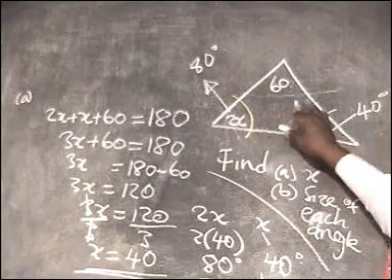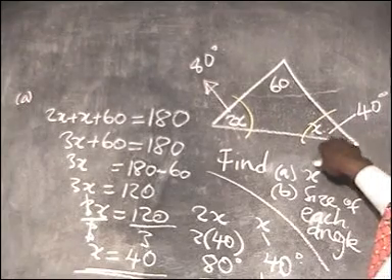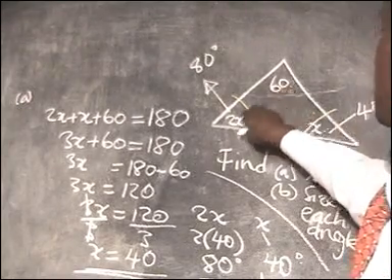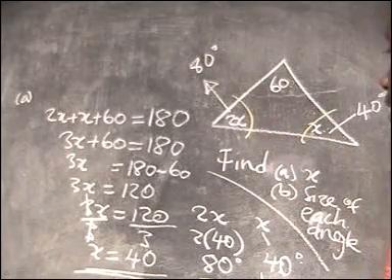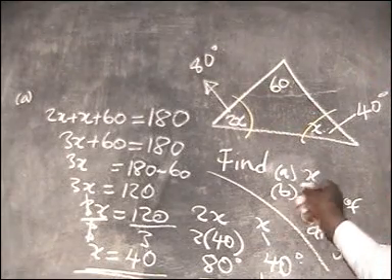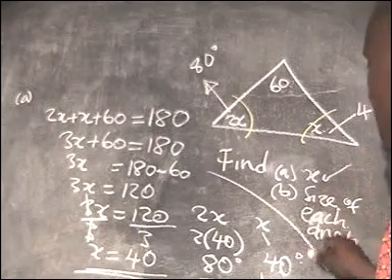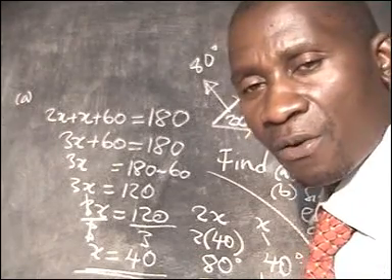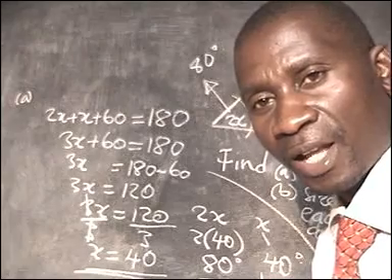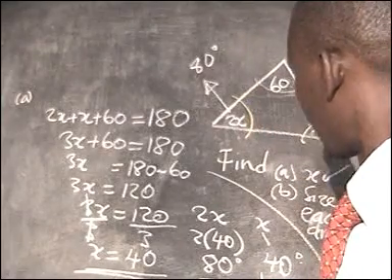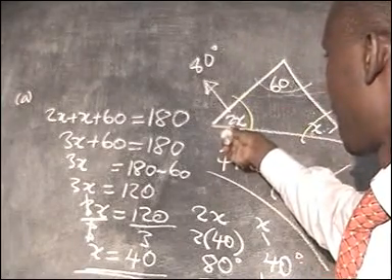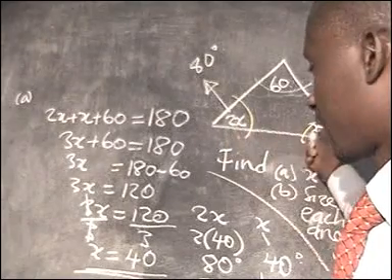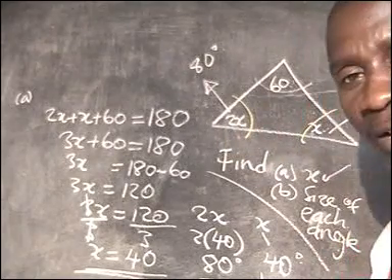If you go around adding the angles, 40 plus 60 is 100, plus 80, you get 180 degrees. So I have answered question A to find the value of x, and question B to find the size of each of the three angles of a triangle. Already we know that this is 60. What we don't know are the two angles where we have 2x and x.